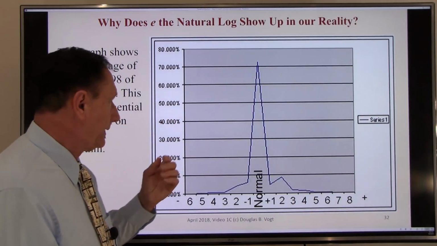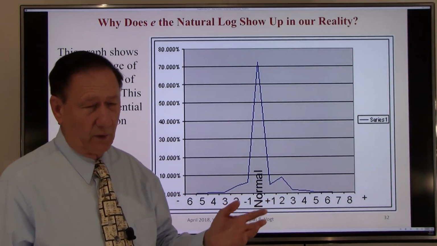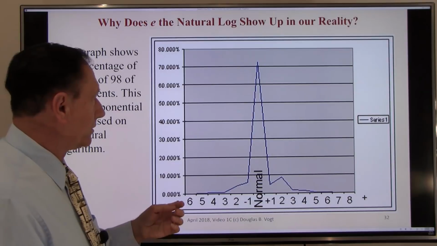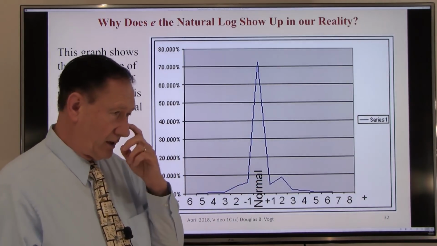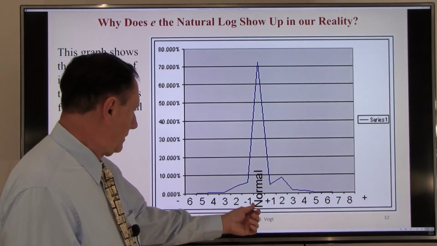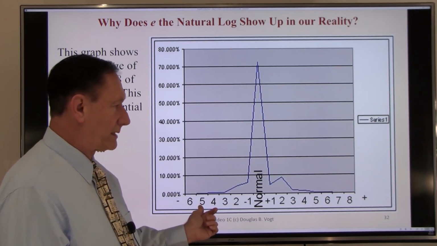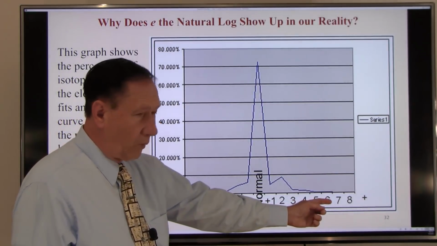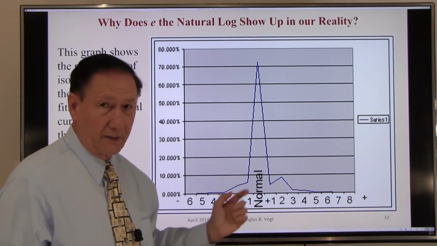The natural log, e to the x, which shows you I don't have much of a life, or didn't when I was younger. I took the 98 or 99 of the natural elements, and I graphed their isotopes, both up to 1 to 5 to 6 atomic weights less or more than its normal, and I graphed it.